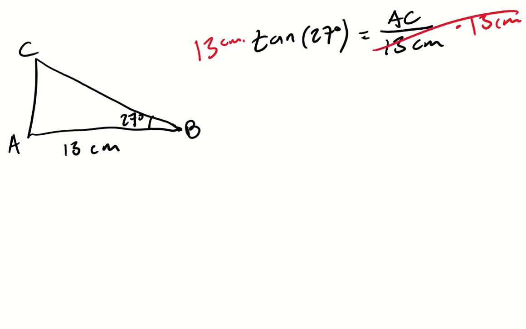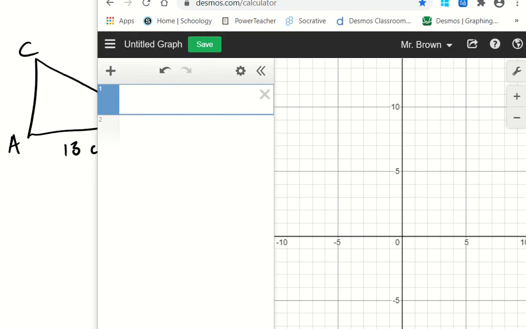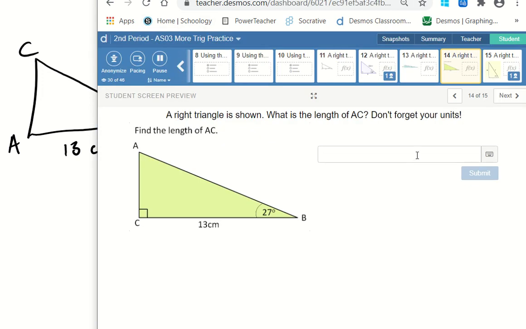And these cancel, and then we've got AC equals 13 centimeters times the tangent of 27. So we got 13 times tangent 27 equals 6.6 centimeters.